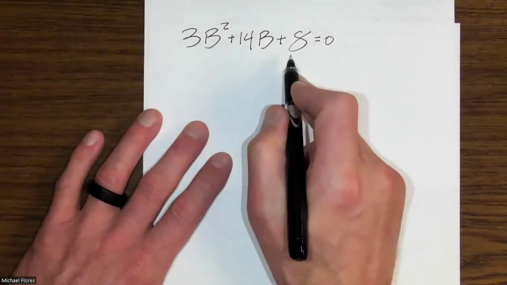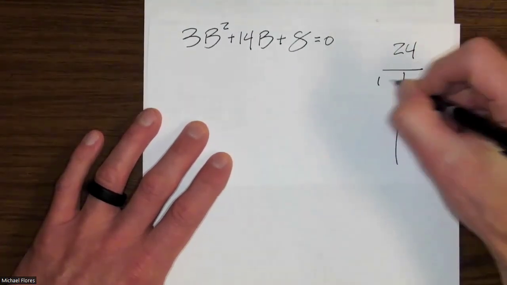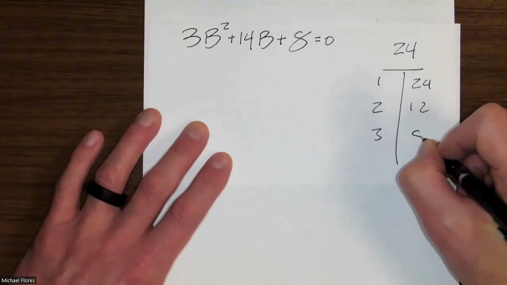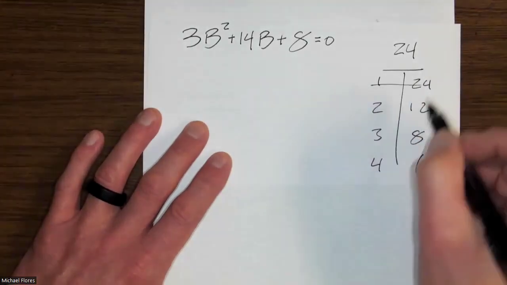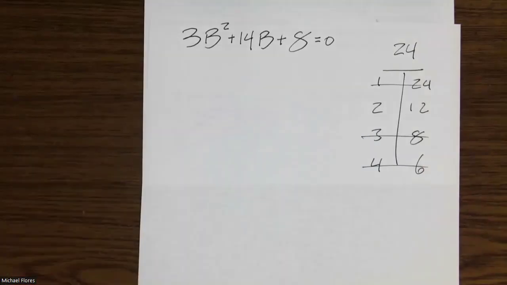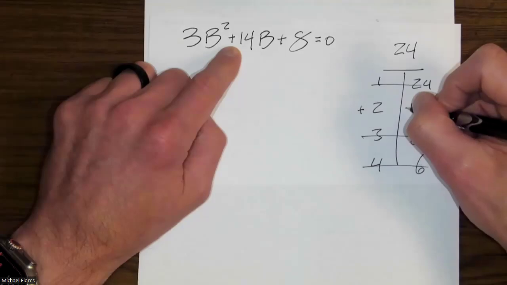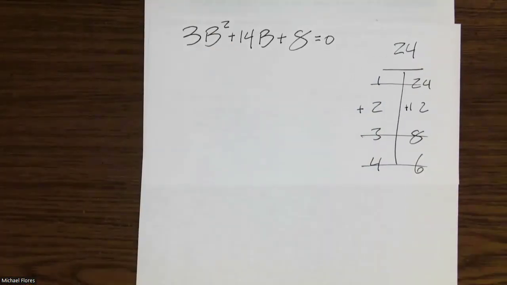Number in front, 3 times number in back, 8. Positive 24. If that number on top of the t-chart is positive, that means your factors must add to get the middle term. So we have to be using 2 and 12. Since that's positive 14, then, well, these both must be positive. Also, if that number on top of your t-chart is positive, that means your signs are going to be the same.